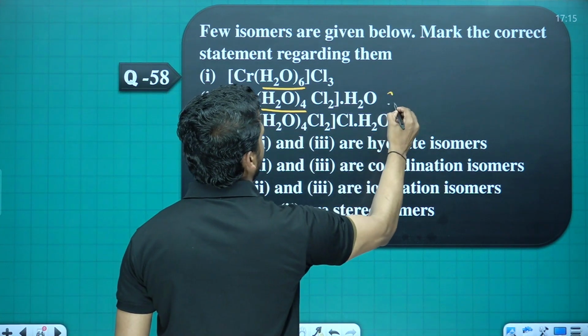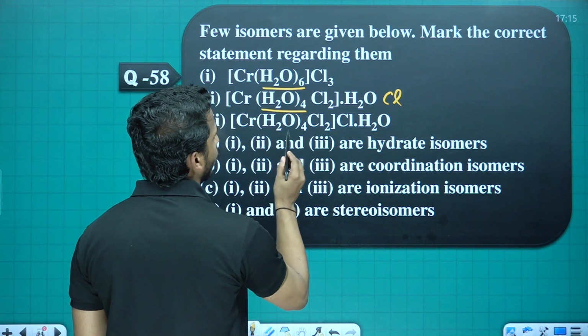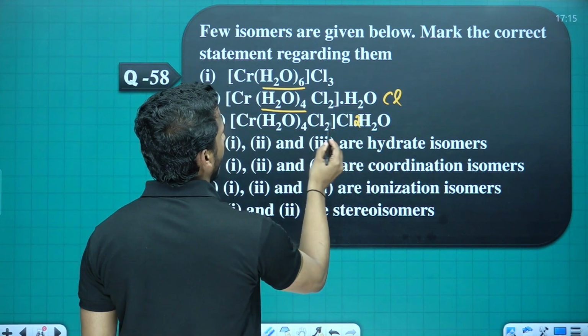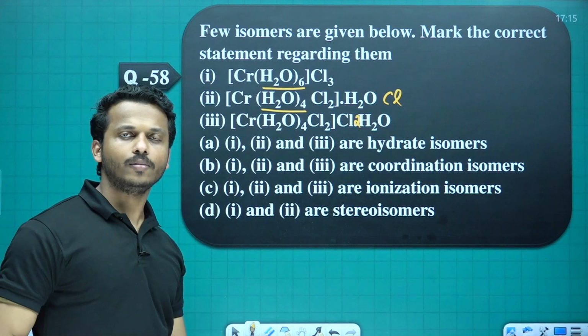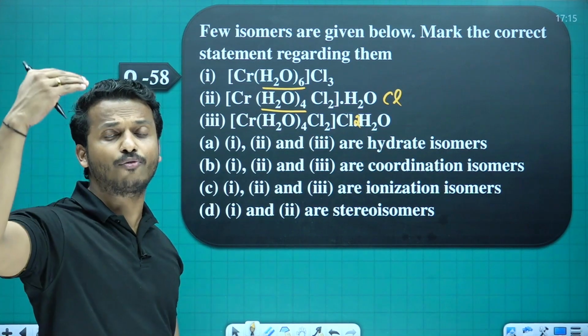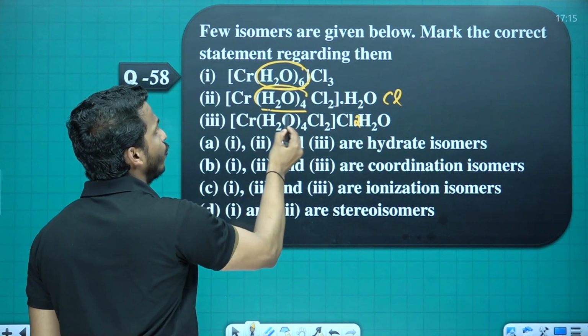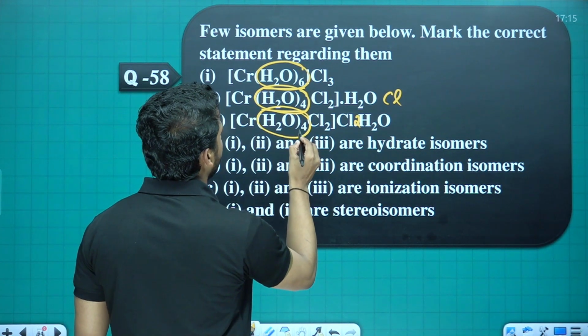Here one chlorine will be there, and H2O 4 times Cl2. So here 2 H2O outside, and chlorine. When you check the formulas, their molecular formula is the same, but here 6 H2O as ligand, 4 H2O as ligand, and here we can place another isomer.